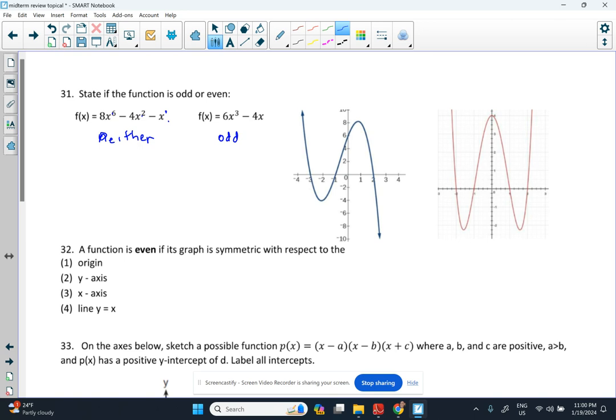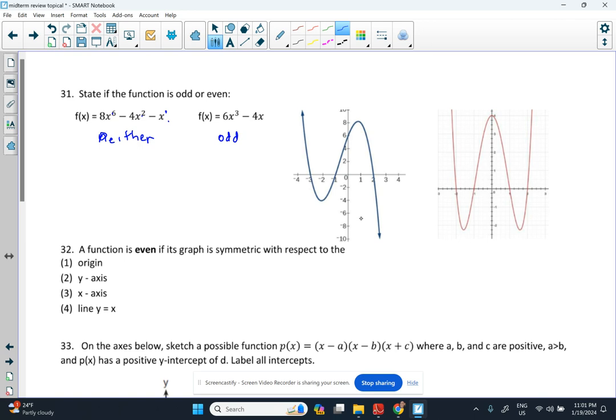Graphically, we can tell if something is odd if it's symmetrical with respect to the origin. That means if you flip the graph upside down, it looks the same right side up as upside down.